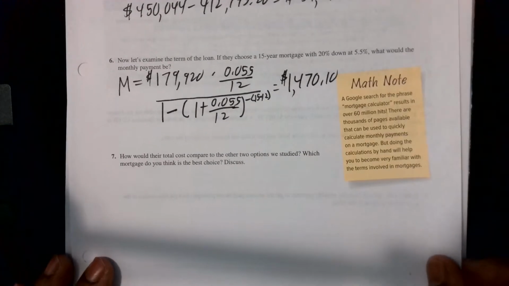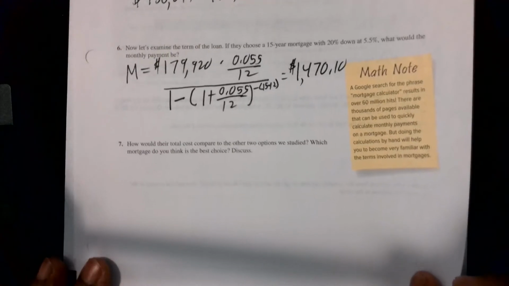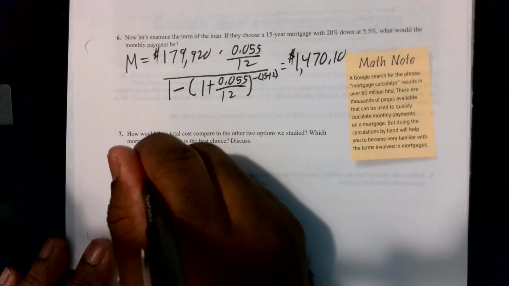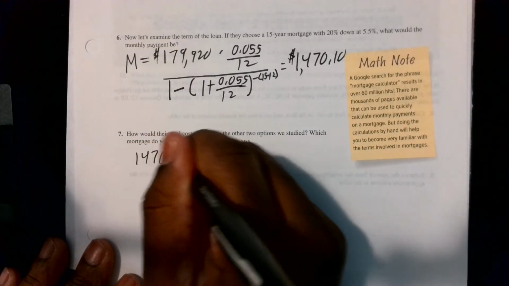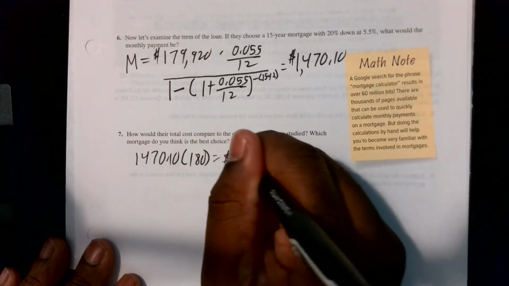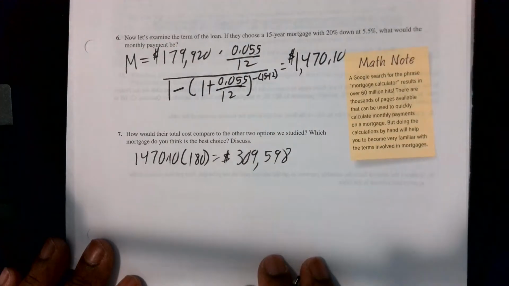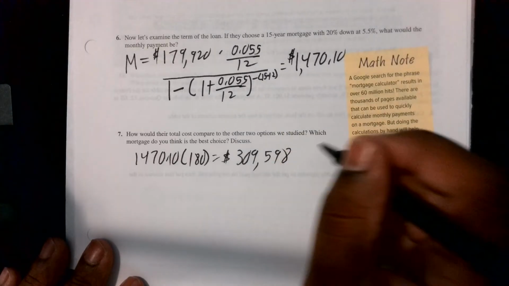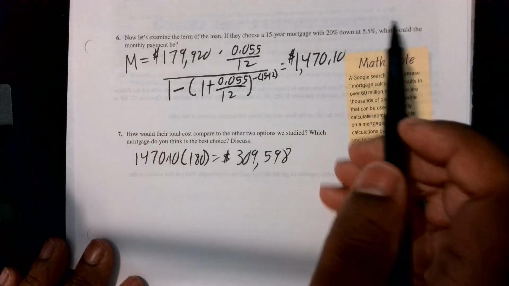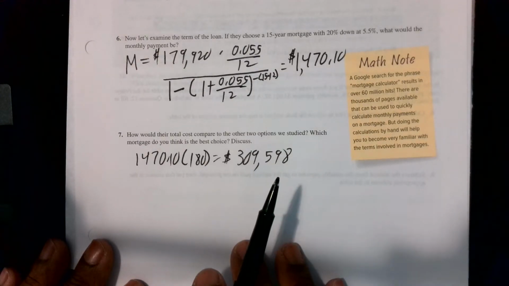Now number 7, how would their total cost compare to the other two options we studied? Which mortgage do you think is the best choice? So we would take $1,470.10 and multiply by 180, which would give us $309,598. Now that's how much the total is, but we also have to put in the down payment.